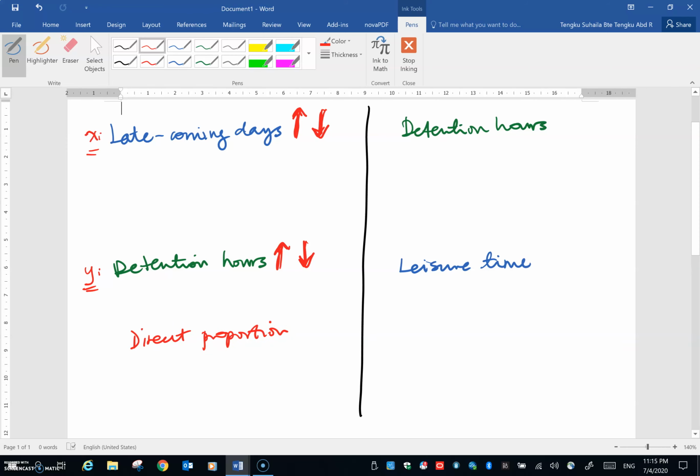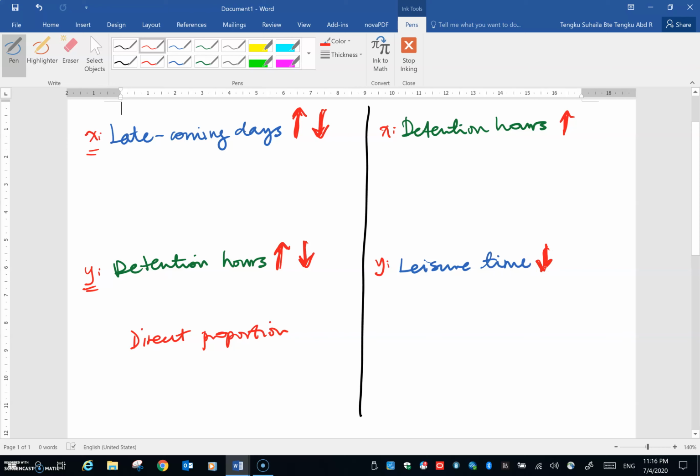Okay, now what about here? When we have, let's say now, x is the detention hours that you have to serve, and y is the leisure time after school. Okay, so let's think about this. If you have more detention hours that you have to serve because of whatever offense that you have done, okay, then you will have less leisure time after school.